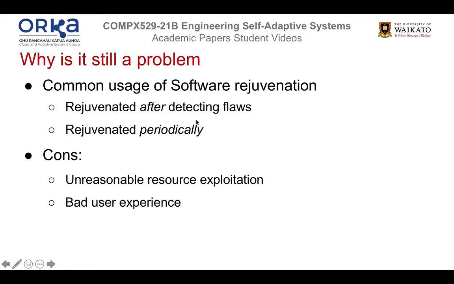One way is when the application is detected to arrive at a failure state, it is rebooted to force it to return to the correct state. Another way is the application is periodically rejuvenated, which is a sort of preventive action.